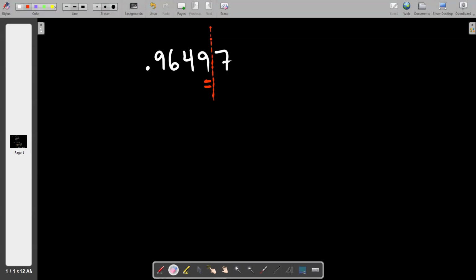Okay. So your question was, if this 7 rounds this 9 up to a 10, what effect does that have? Well, see, this is just a digits place, this 9. It doesn't have enough room to hold 2 digits, a 1 and a 0, right? So what happens is, when it rounds up to a 10, it actually rounds up to a 0, but then the 1 part of the 10 carries one more spot over.